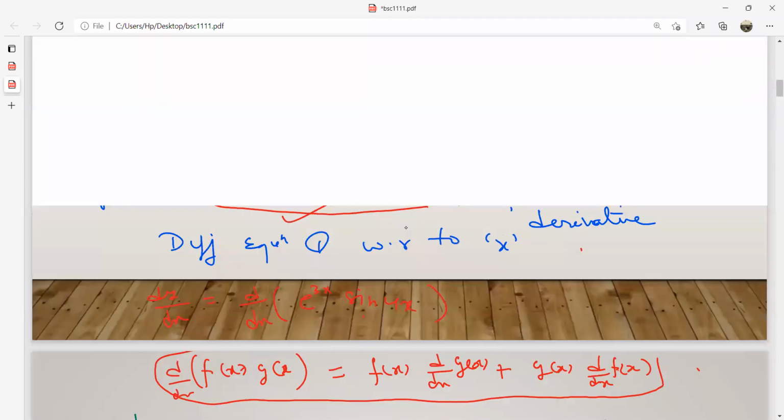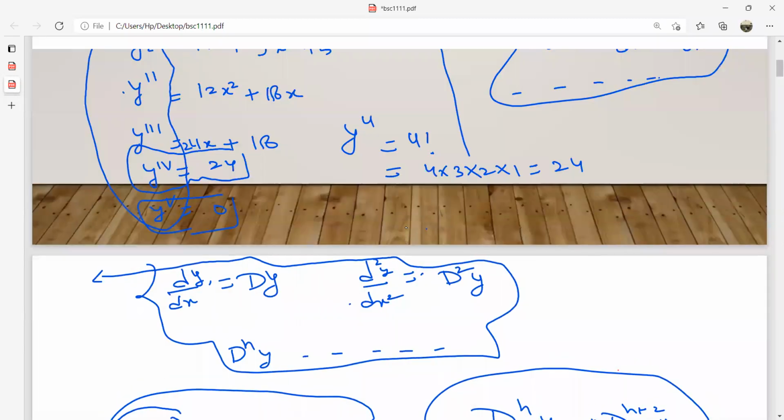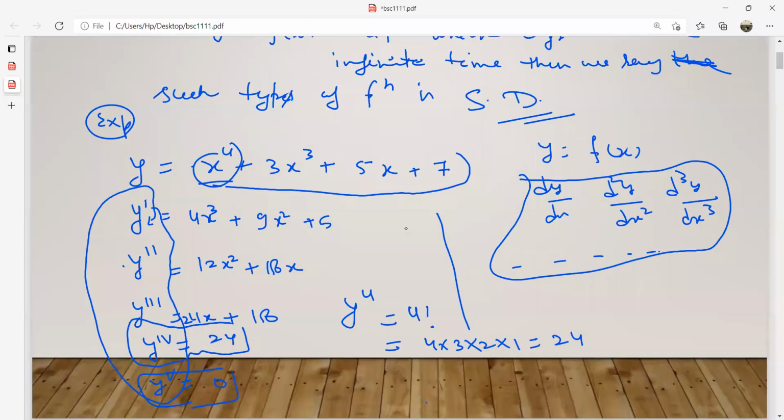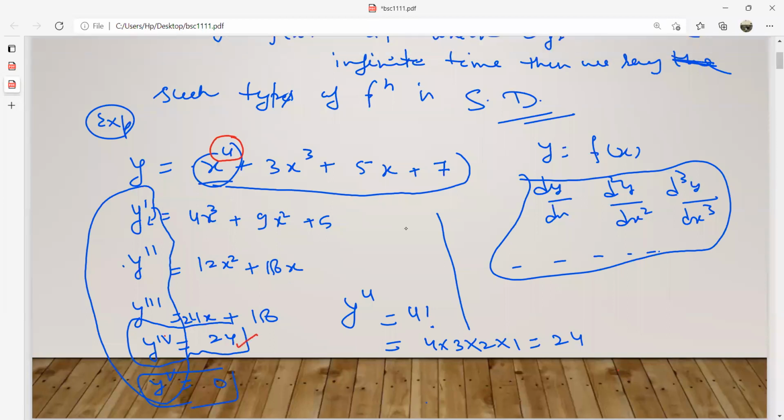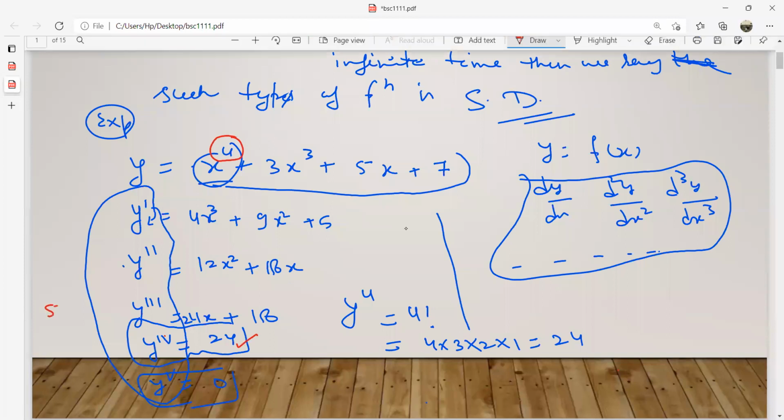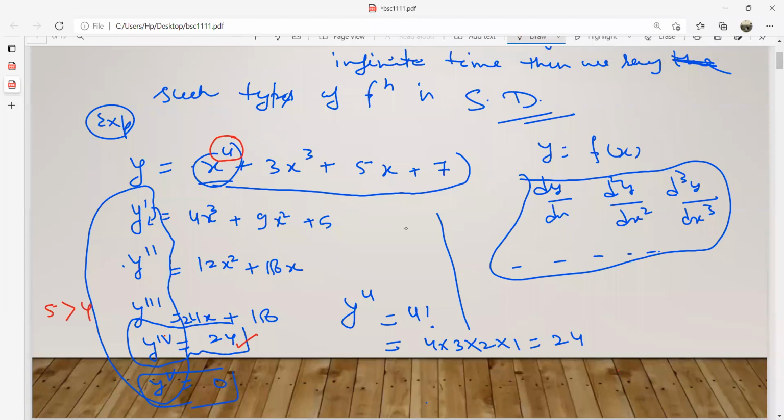I have already discussed such an example here. The highest order of this function is 4. If we differentiate 4 times, we get 24 as the answer. But if we differentiate again, the fifth derivative, 5 is greater than the degree 4 of this polynomial function, so in that case the answer is always 0.